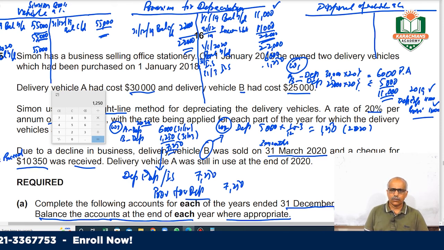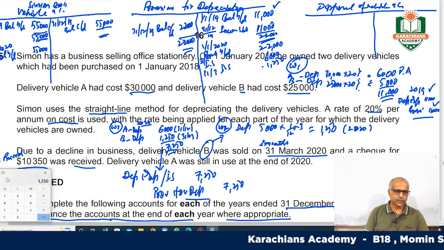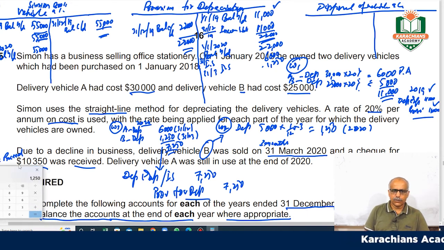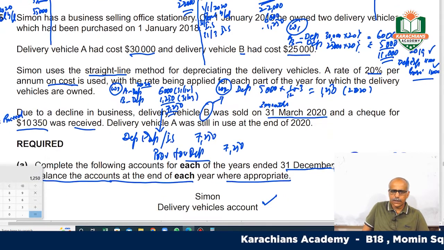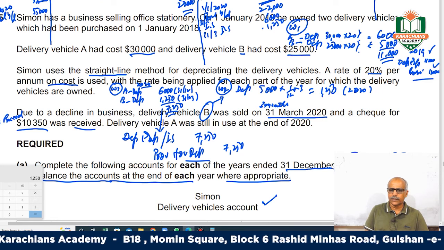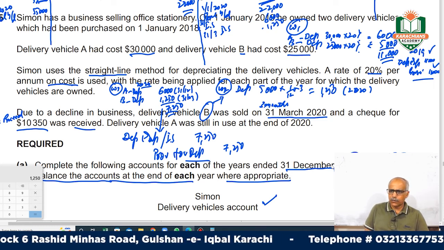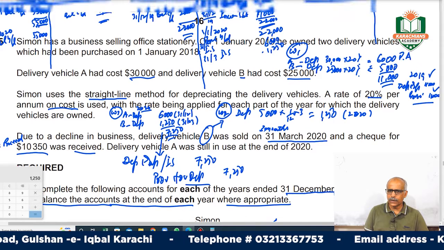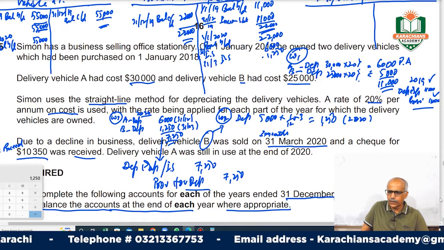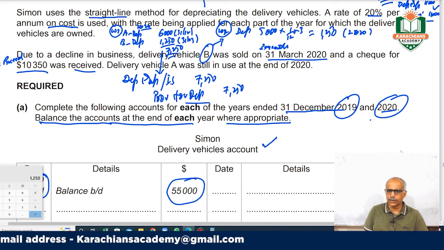Now we have calculated the depreciation, we have calculated all. Now in 2020, what they have done, see, in 2020, due to decline in business, delivery vehicle B was sold on 31st March 2020 and a check of rupees. Now we have to see how much we can make the working for. We can make the working for here.